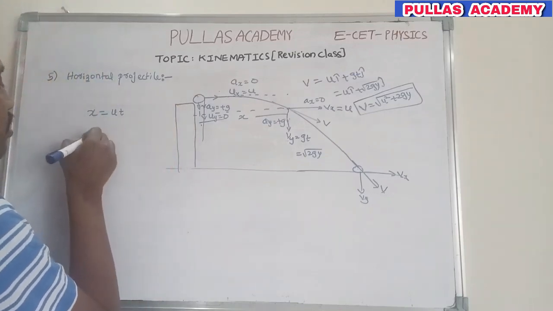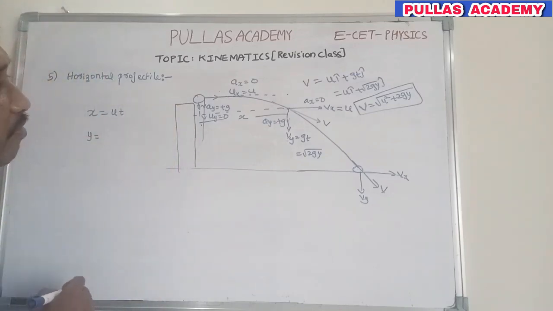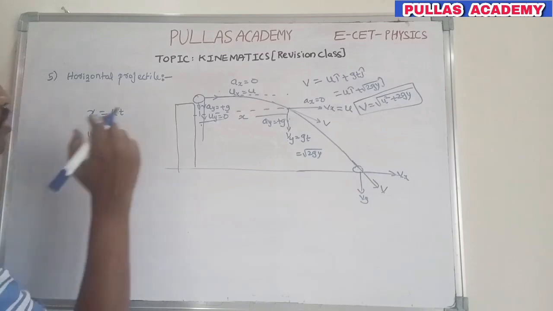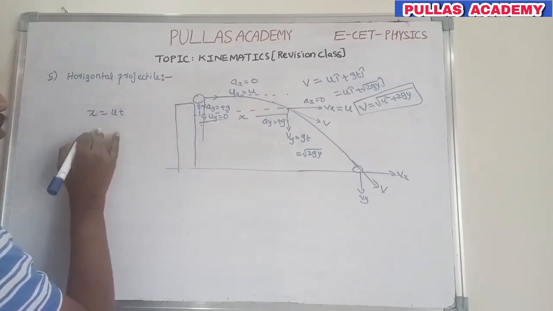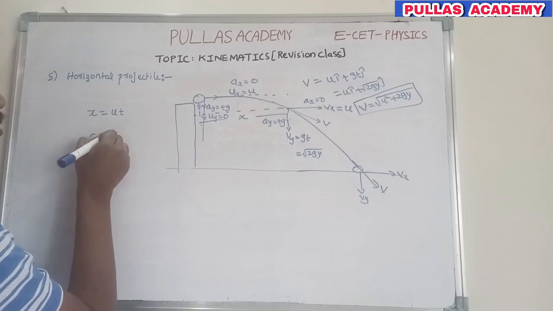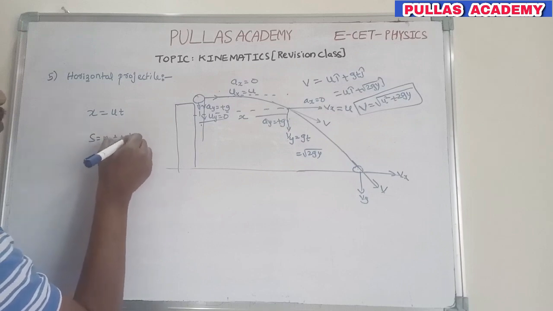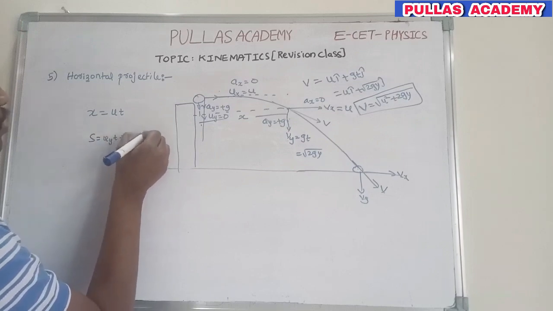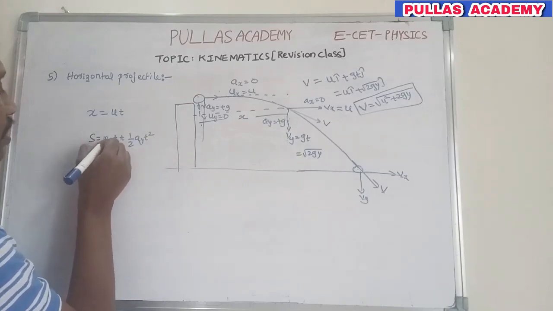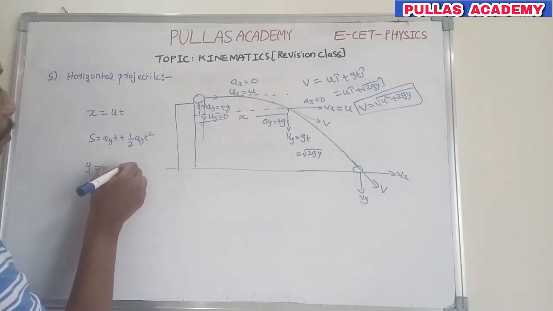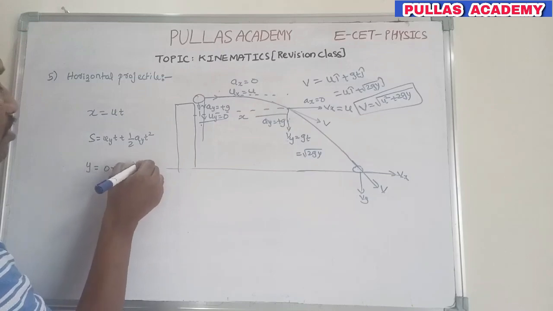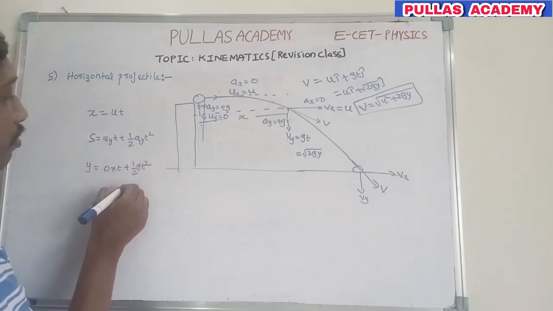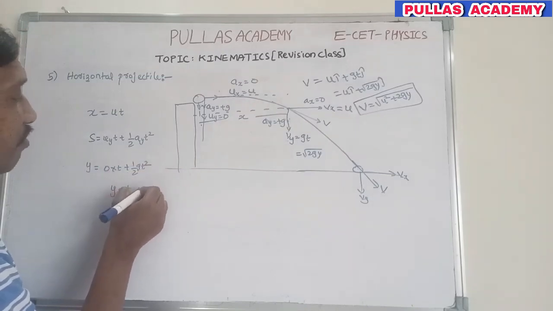Along vertical direction, displacement y, how can you get it? uy is 0. The actual formula is s is equal to uy t plus half ay t square. So y is equal to 0 into t plus half g t square. That means y is equal to half g t square is the formula.